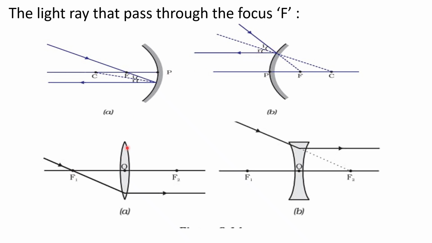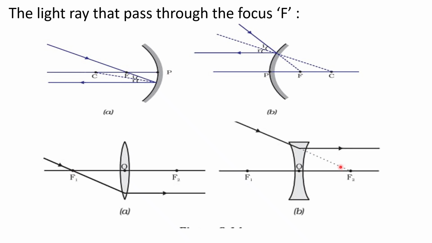In a convex lens, the ray that passes through the focus and falls obliquely on the convex lens gets refracted and emerges parallel to the principal axis. In the concave lens, this incident ray is directed towards the focus and gets refracted, and this emergent ray is parallel to the principal axis.